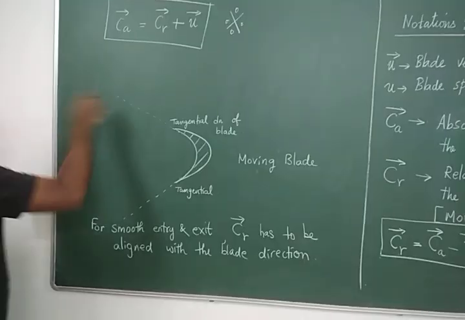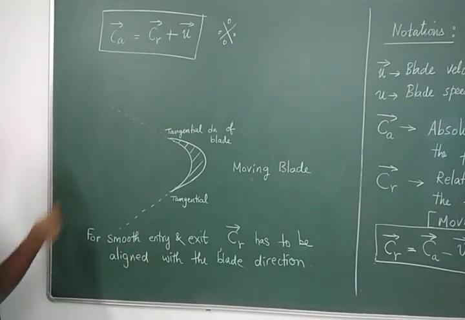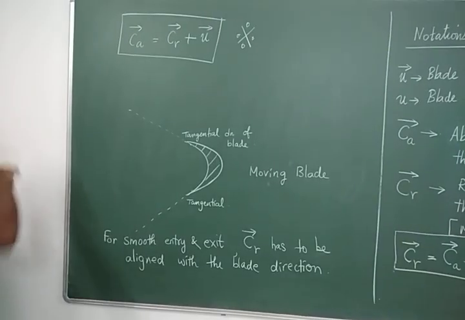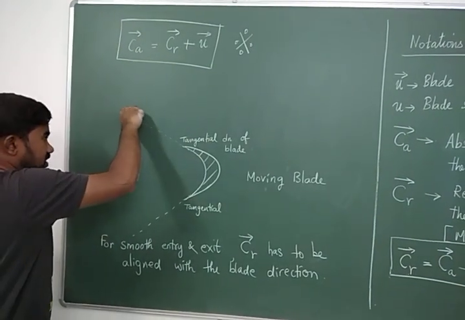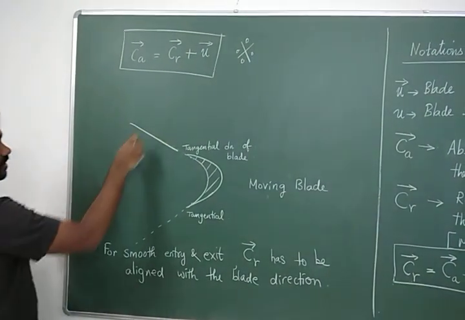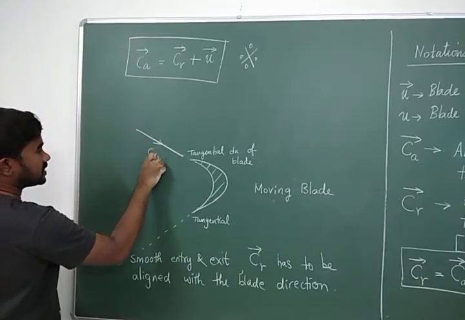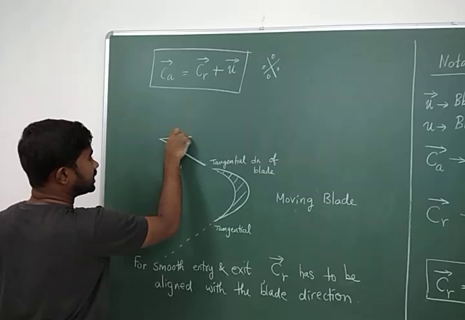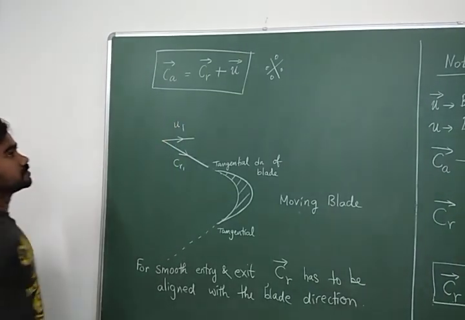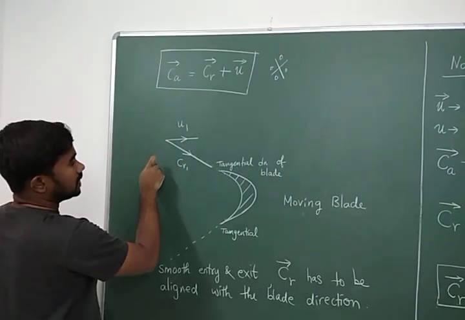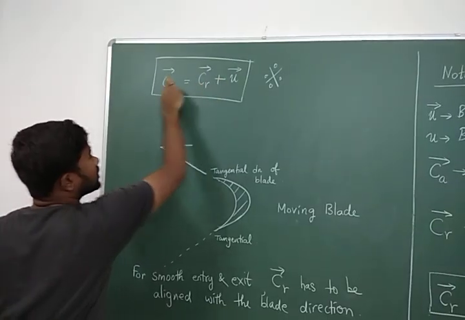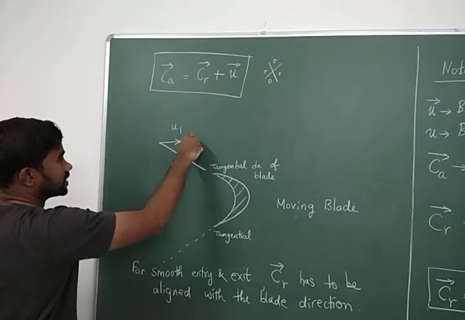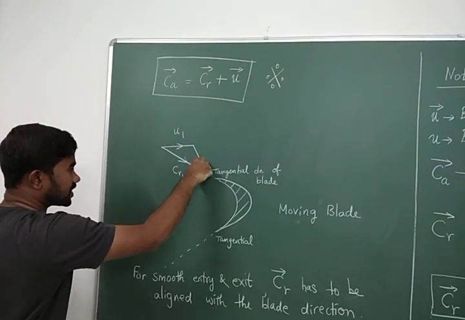Now, I'll tell you how to draw the velocity triangles. If this is the relative velocity at the inlet, CR1, and say this is the blade speed at the inlet, U1, then CR1 plus U1 will give you CA1. So if I add these two vectors, I will be getting this particular vector.